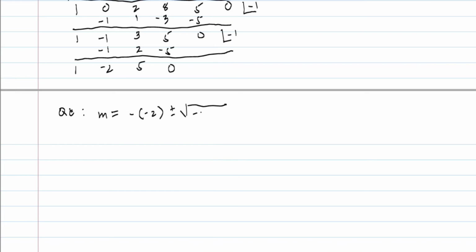Yung kanyang solution, lagi lang natin 4, 1, and then 5. Over 2 times 1. Ano ulit yung formula natin ng quadratic equation? Negative b plus minus square root of b squared minus 4ac over 2a. So, yan. So, therefore, continue.